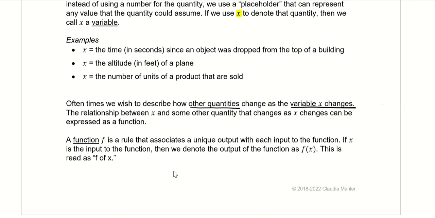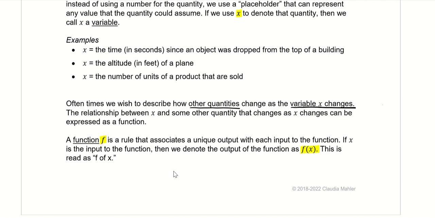So you can really just think of a function as a rule. We often write it in terms of some sort of, again, another letter or some other expression involving a name or something like that. But you can really think about it as you give something to the function and the function gives something out.